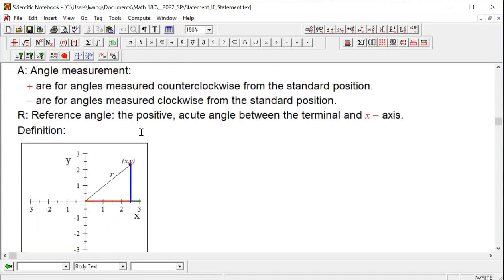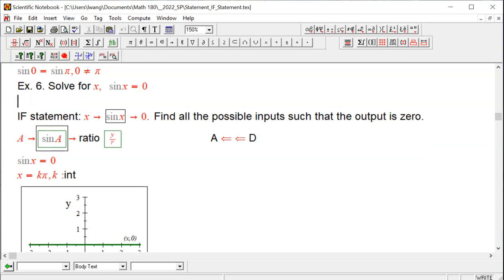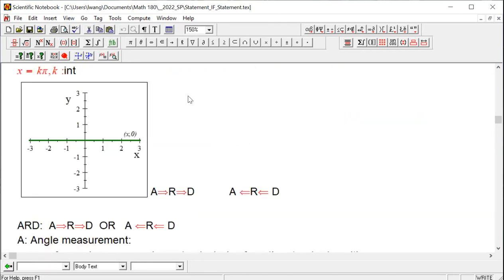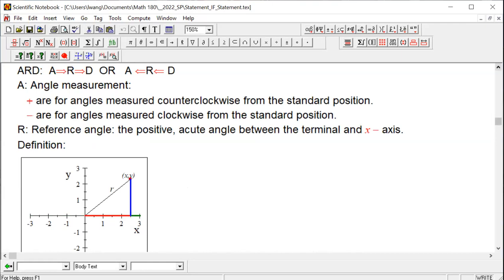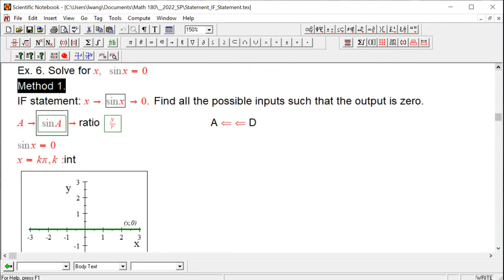I just talked about the first method, this is the first method, from the ARD perspective. I haven't told you the second method yet. I assure you, you're going to love it. I saved the best for last.